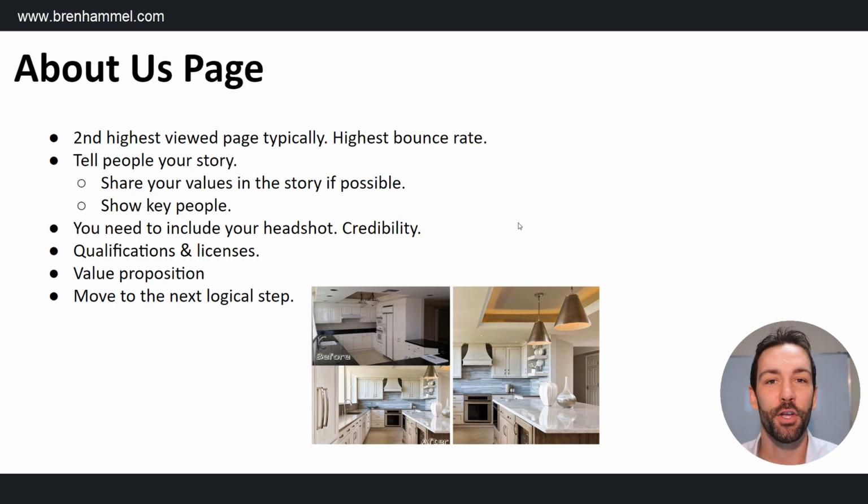Now, this is one of the most forgotten areas of any website. It will most probably be the second highest viewed page on your website. Why? Because people buy from people in the construction world and the contracting world. If they do not trust you, they do not like you, they will not buy from you.